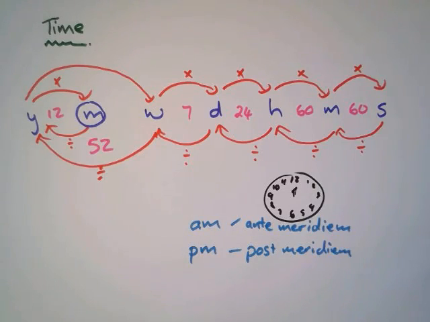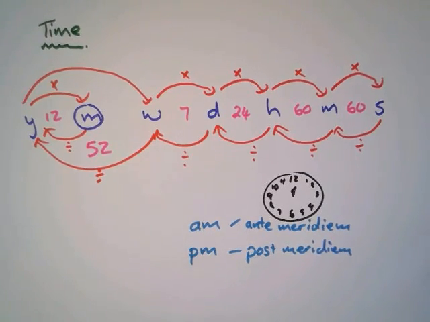There are two ways to actually give time. We can either use AM and PM, or we can use another way that is called the 24-hour time. With 24-hour time, we're going to change something.